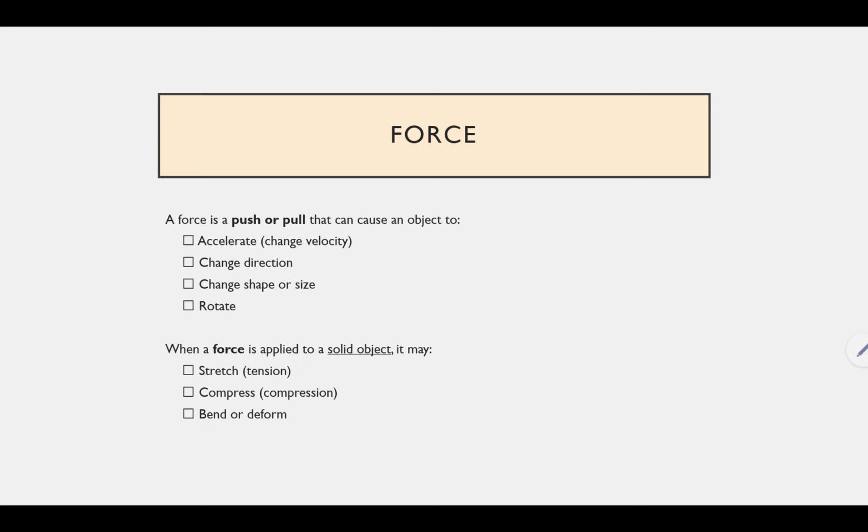However, if I bend it with a lot of force, I can cause it to deform. What's the meaning of deform? It means that if I don't apply that force anymore, it's not going to go back to its original shape. Okay? So these changes are known as temporary, which is known as elastic, or permanent, in other words, plastic.